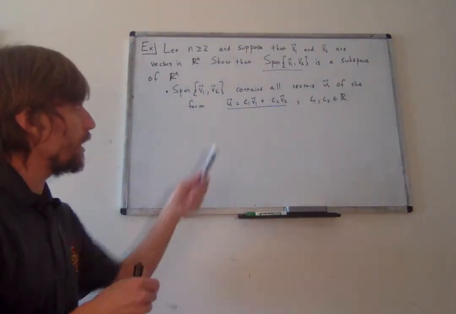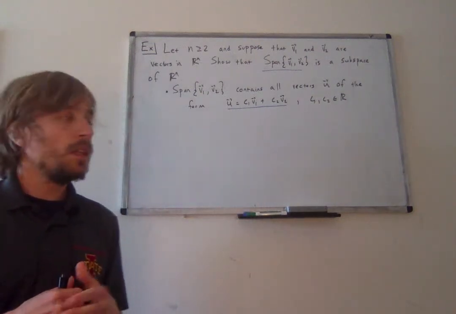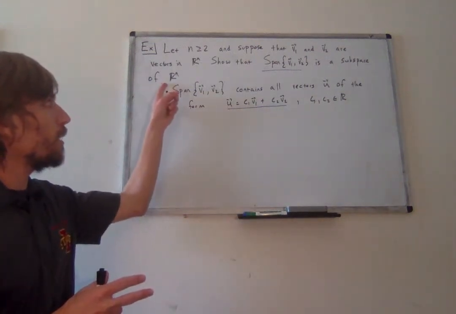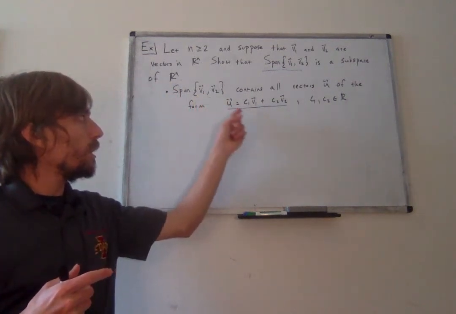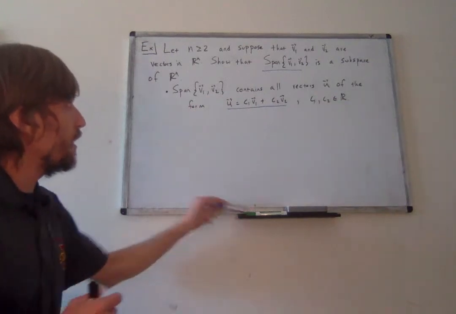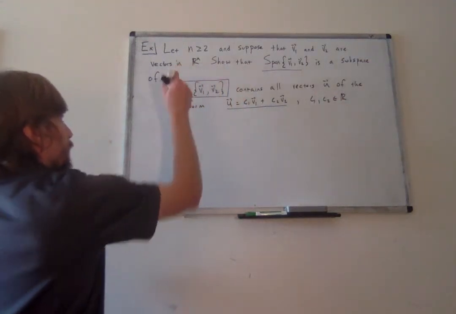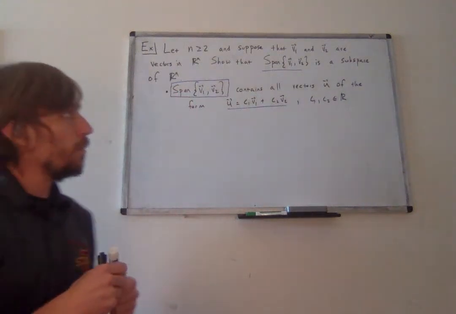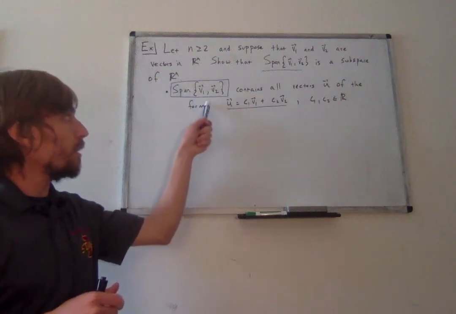And so we want to show that all vectors of this form a vector space, specifically a subspace of Rn, right? And we know that this is a subset of Rn because ultimately all of the vectors that are in this set, right? So we're talking about this set, which is span v1, v2. They're all going to be vectors of length n, right? So certainly this is a subset of Rn.